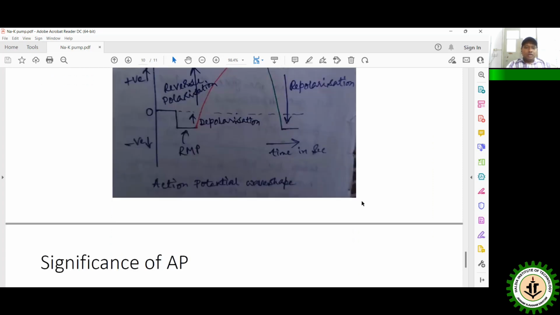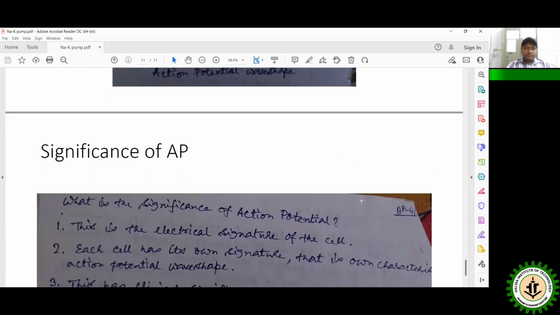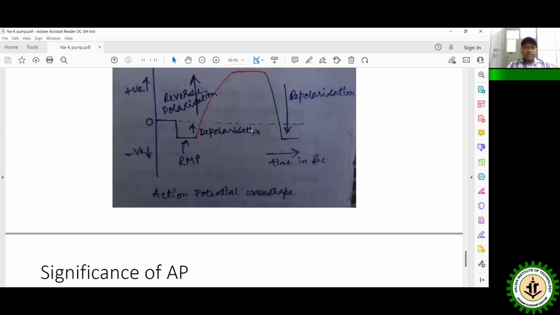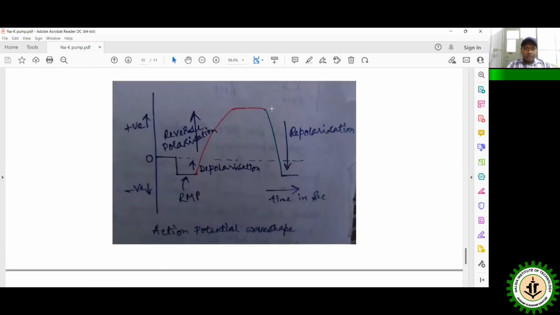Now let us see what the significances of the action potential are. The significance is that this is the electrical signature of the cell. Electrical signature means that if the cell is a nerve cell, this wave shape will be different than if the cell is a muscle cell.